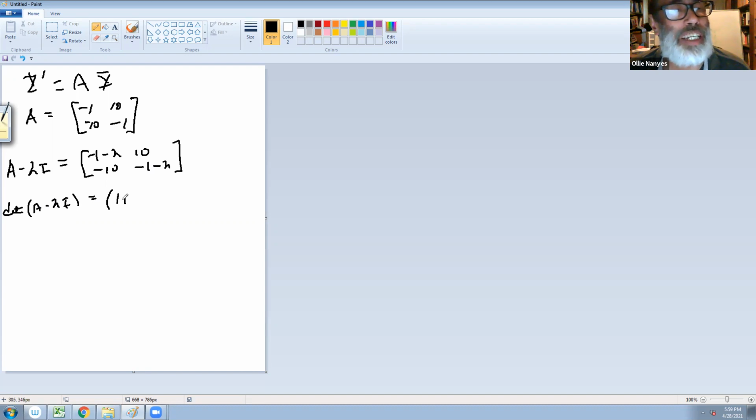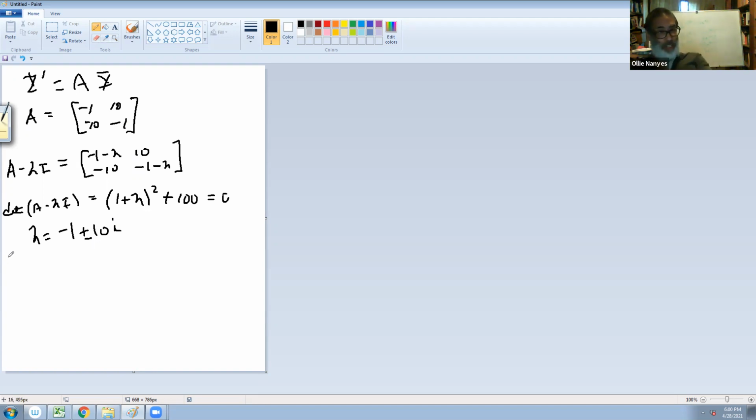So what you really get, because you're squaring this, minus 10 plus a minus 10, it's a minus 10, but you're adding it, so that's 100. So the solutions here, to make that a 0, you're going to need complex numbers. So your lambda will be minus 1 plus 10i, plus or minus complex conjugates.